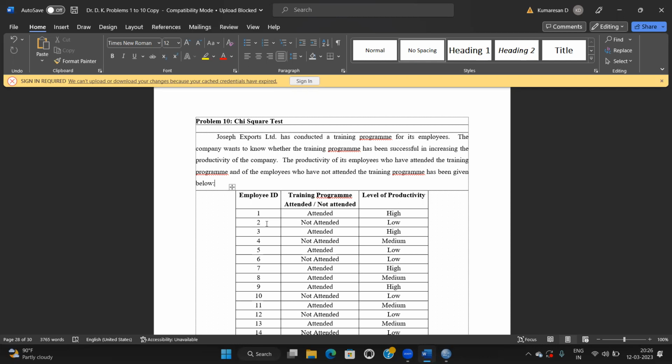So the test is whether the vaccination, like Covaxin and Covishield, the first dose, second dose, like that, whether the Covaxin or Covishield is good or fit for the controlling of COVID-19.